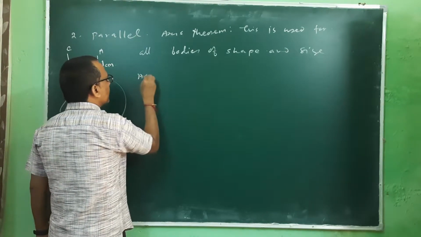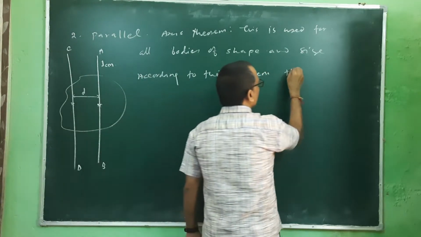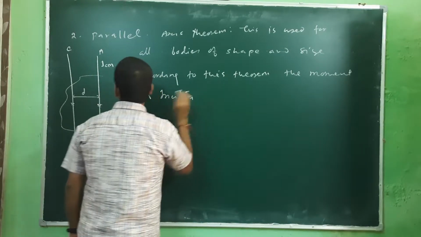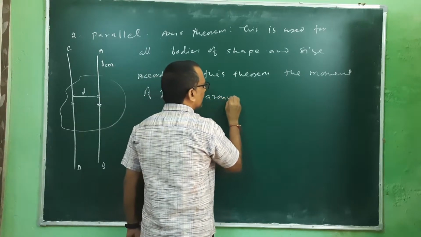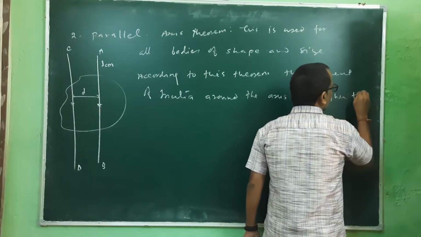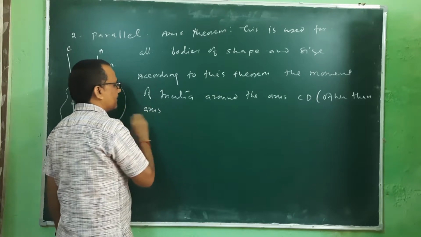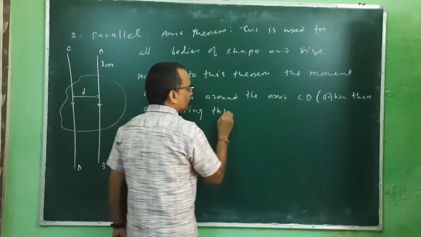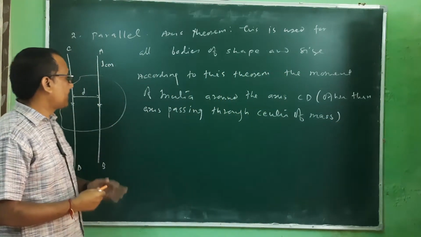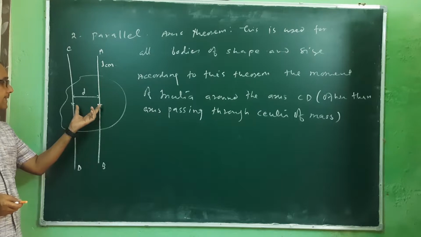Then according to this theorem, the moment of inertia around the axis CD, which is other than the axis passing through the center of mass, means away from the center of mass, and the distance between these two parallel axes is d.